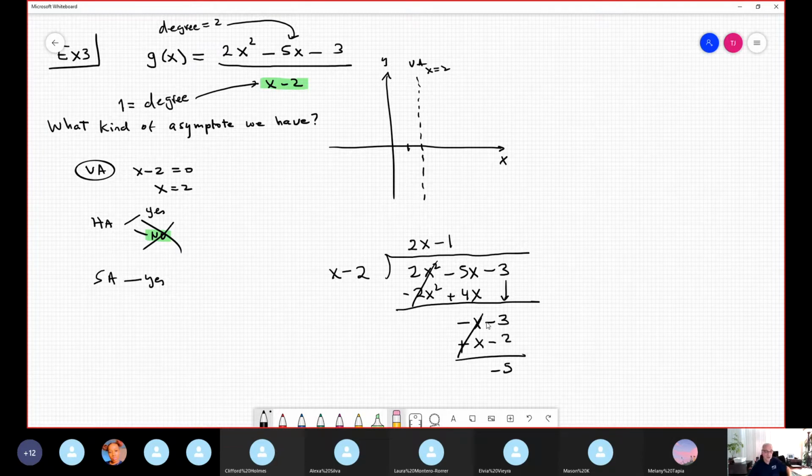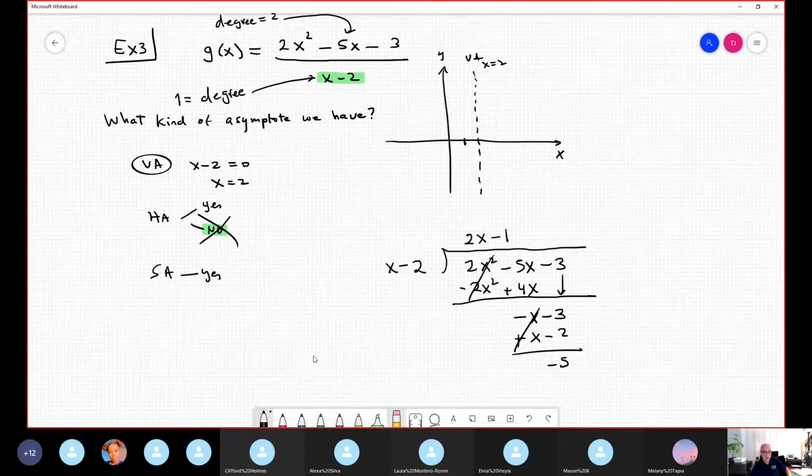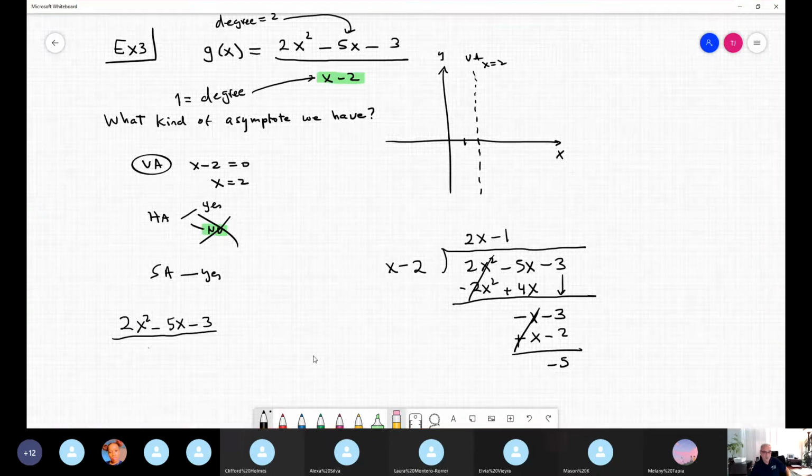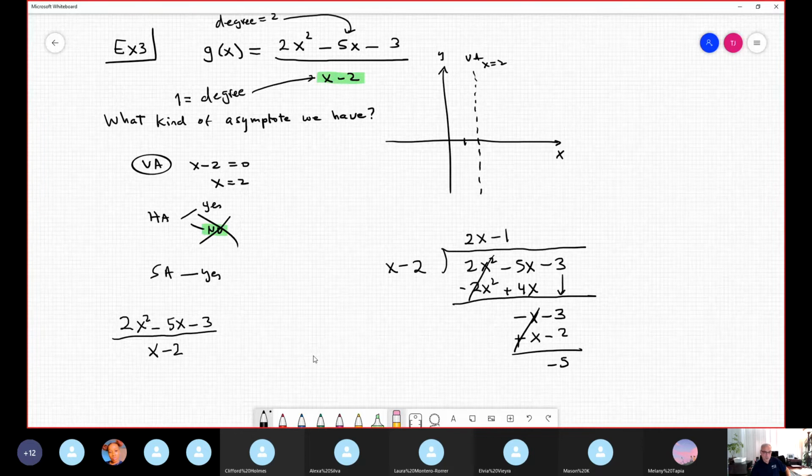My expression given at the beginning, x squared minus 5x minus 3 over x minus 2, is equivalent 100% to x minus 3 minus 5 over x minus 2.